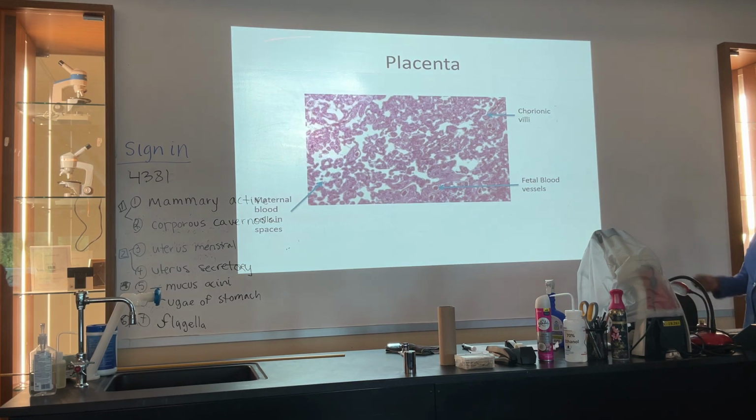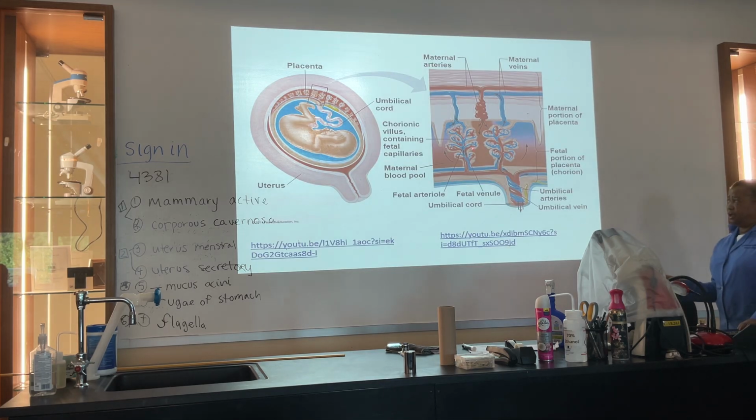And so when we look under the microscope, now you can see that the structure that is around and supporting the capillaries from the baby is the chorionic villus. So this is the tan epithelium. And when you see the blood vessels inside of there, then you know that is the fetal part.